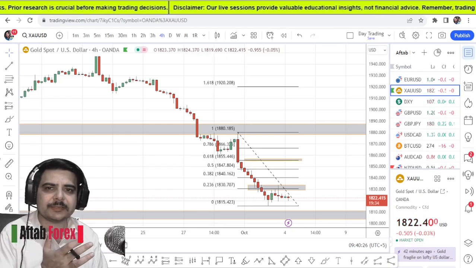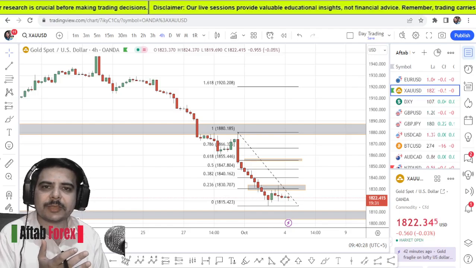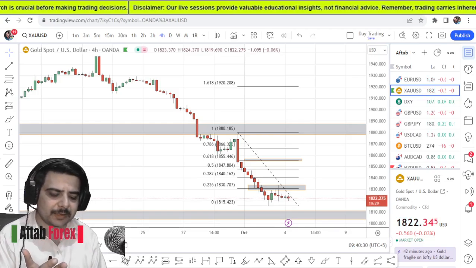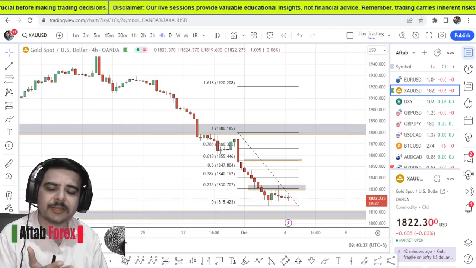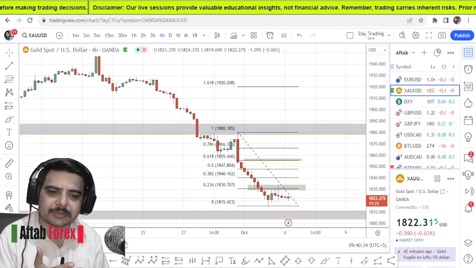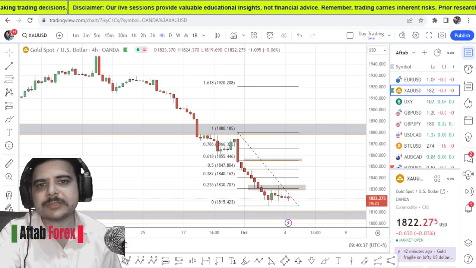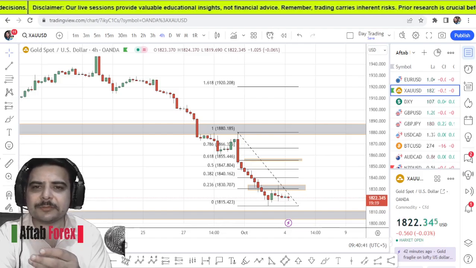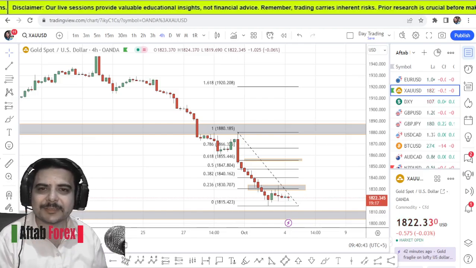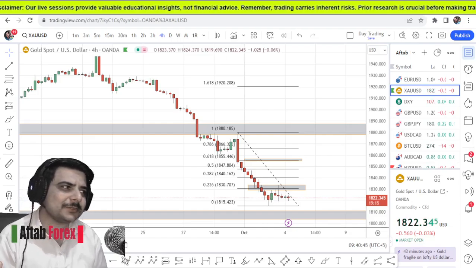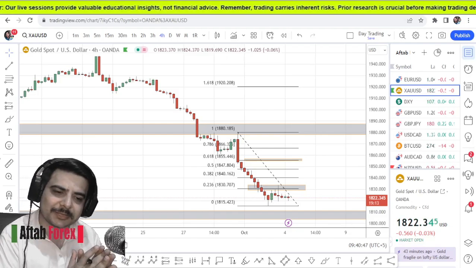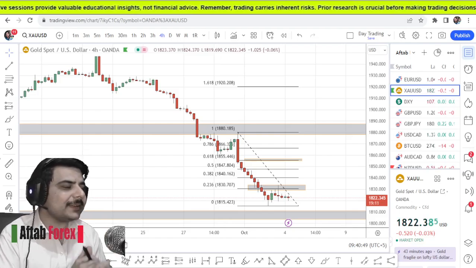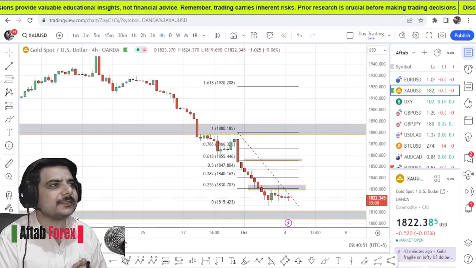By applying this technique you can very easily identify support level, identify resistance level, and as I always tell you, once you have a support level and a resistance level, then what's left? Nothing, right? So same is the case right here today, and let's have a look at these charts.